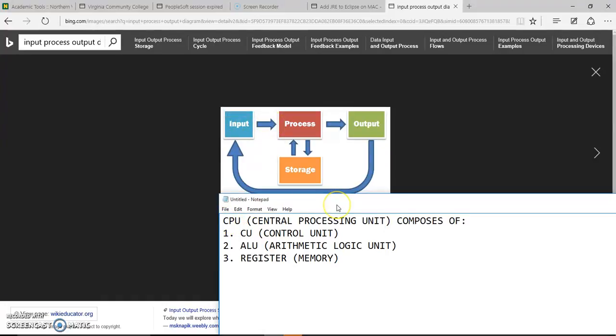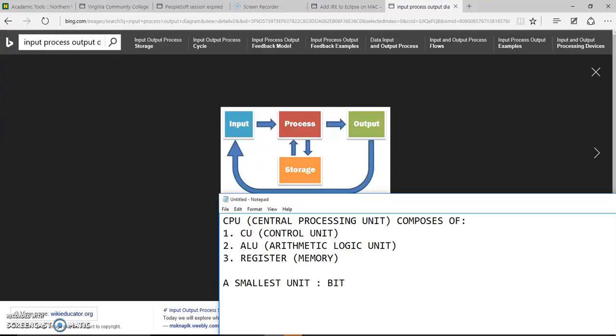So let's talk about the data again. We said the smallest unit in the machine is what we call a bit, right?